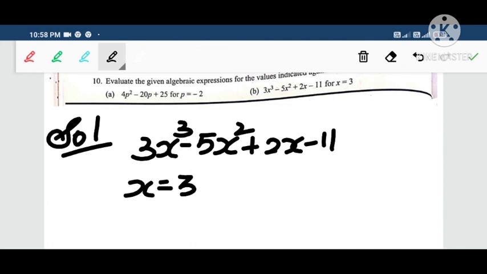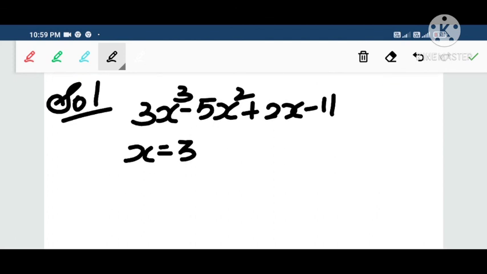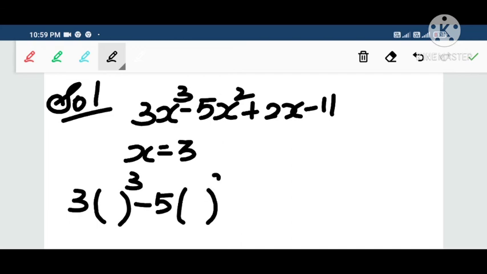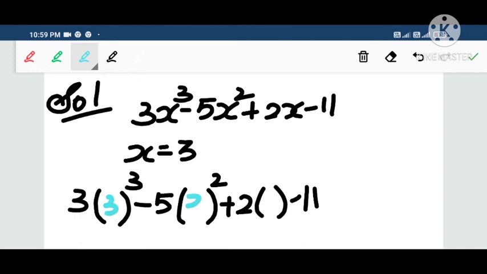For that I keep the place for x separate, like this: 3, power 3. I leave the space for x because I need to substitute the value 3. Minus 5 as it is, and I leave the gap for x and put the same power, plus 2 into, minus 11. With a different color, instead of x I replace with 3.